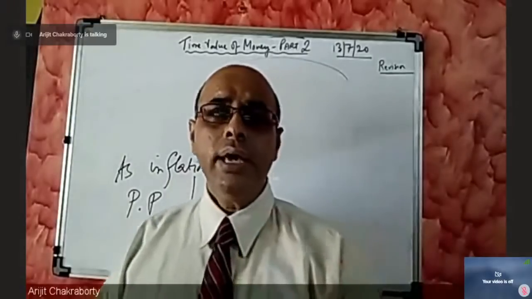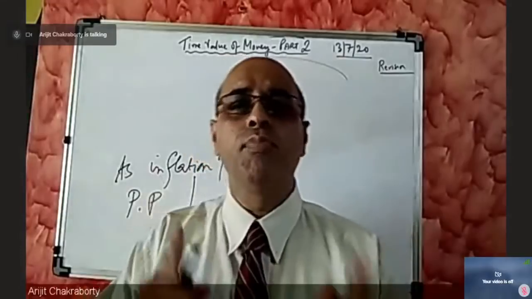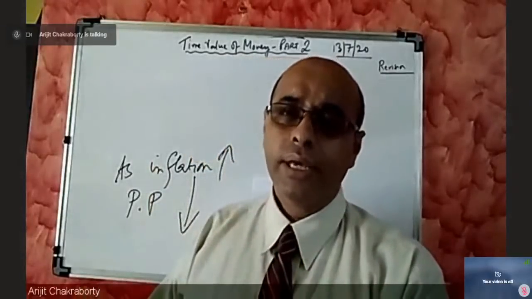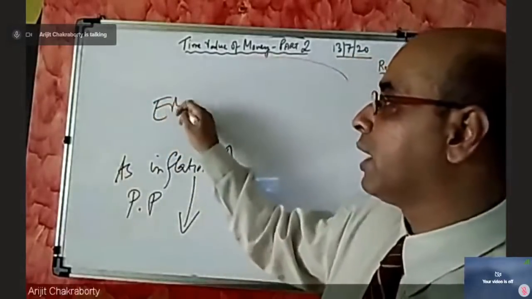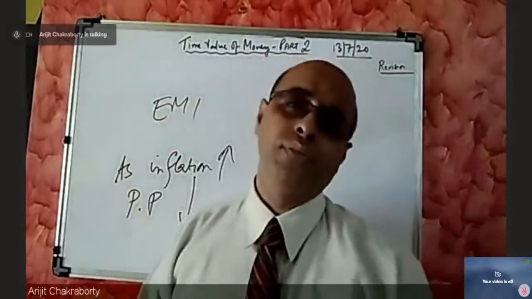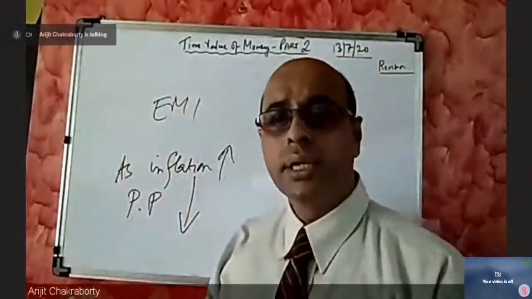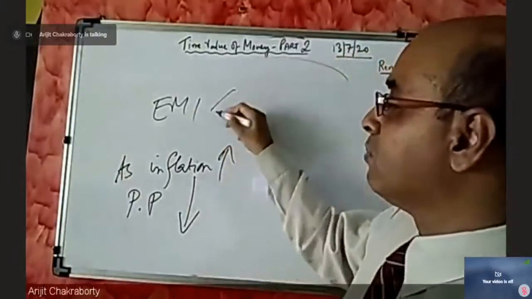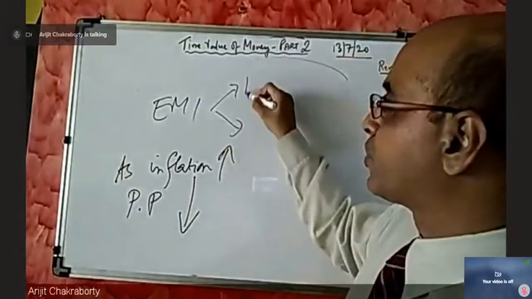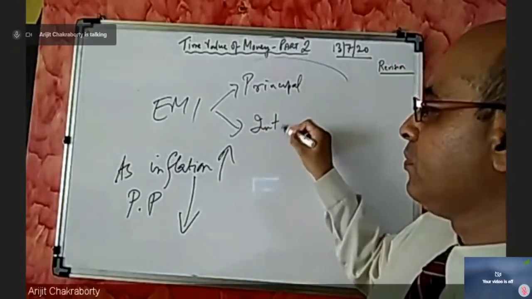Now, when you take a loan to buy a car or a house, you pay EMIs. We always use the word EMI, equated monthly installment. If you ever see the EMI statement from your bank, you will see that every month the EMI is broken into two things, principal and interest.